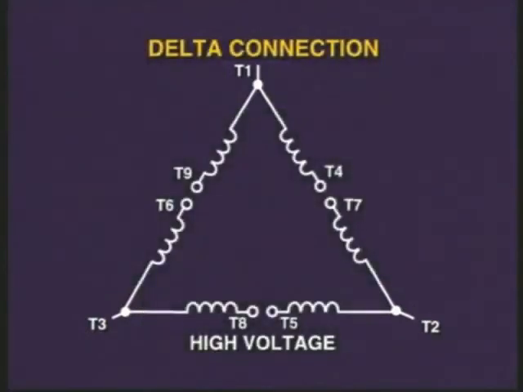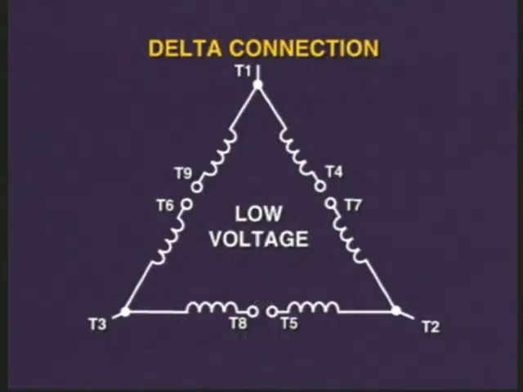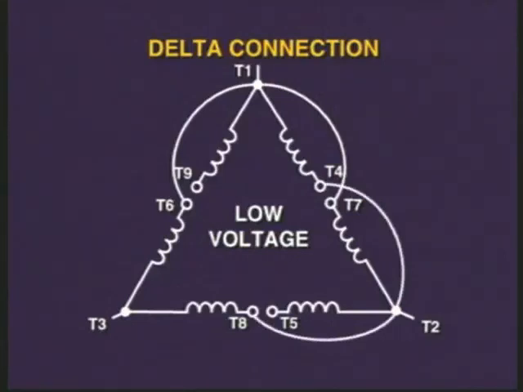For a full voltage configuration, we would connect the terminals like this, where the T1, T2, and T3 terminals are connected to the motor starter T1, T2, and T3 connections. For a low voltage configuration, we would connect terminals 1, 6, and 7 together, 2, 4, and 8 together, and 3, 5, and 9 together.